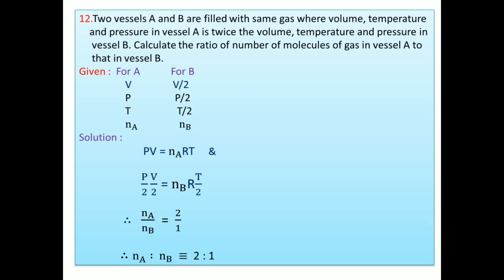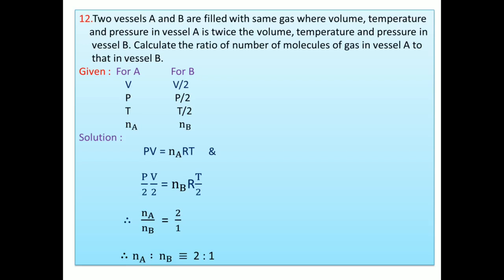In case 1, the volume of the gas is supposed to be V, pressure is P, temperature is T, and number of moles is N A. Then volume in A is double as compared to B, so volume for B is half.